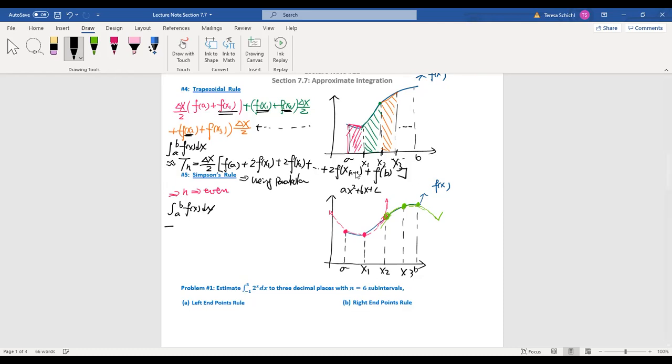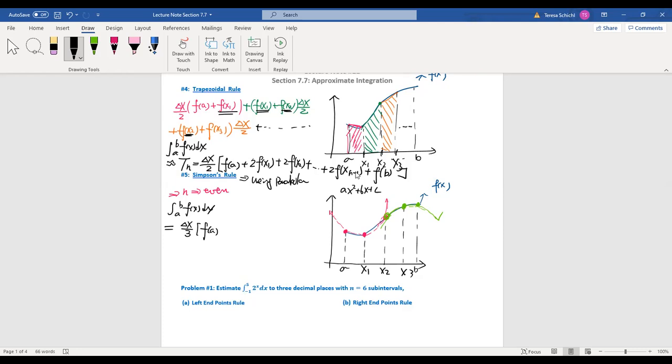The area is approximated by delta x to the 3, and I'm going to skip the proof. Then here, this is f of a, right? So every 3 points.